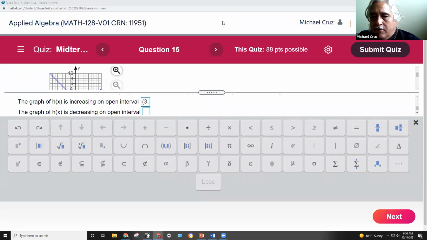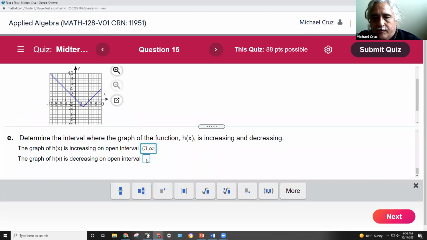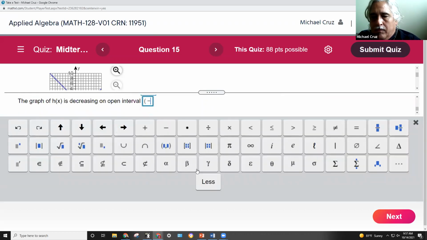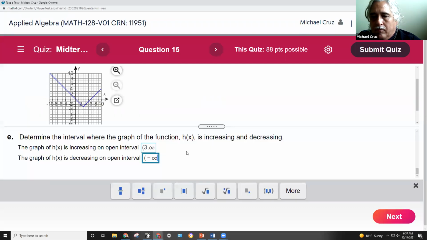Thanks, Nicholas, I didn't see you answer there before. And then it's decreasing from negative infinity to 3.